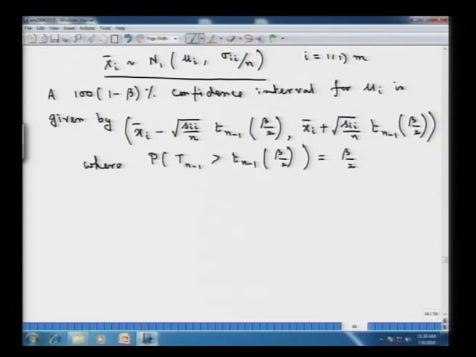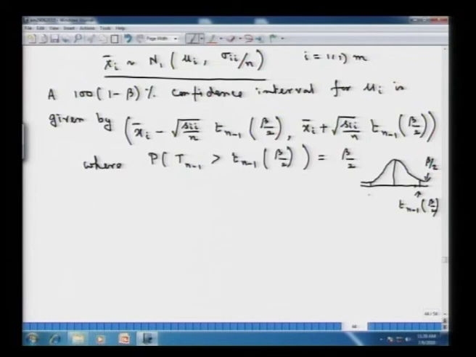So, if we have the probability of a t random variable exceeding this t n minus 1 beta by 2, this is basically the right tail cutoff point. The t distribution is symmetric. Suppose this point here is my t n minus 1 beta by 2, so the area to the right of that particular point is beta by 2.